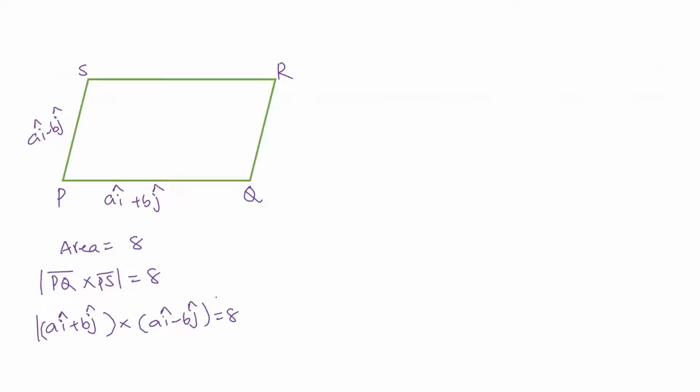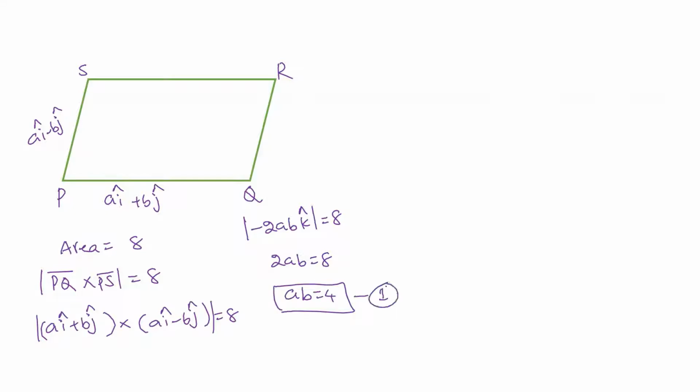If you take the cross product of this, that is going to come as minus 2AB k cap, which is going to be equal to 8. And if you take the magnitude of this one, that will be 2AB, which will be 8. So from here, we get the relation AB equal to 4. Okay, so this is the first condition that we got from the given data.